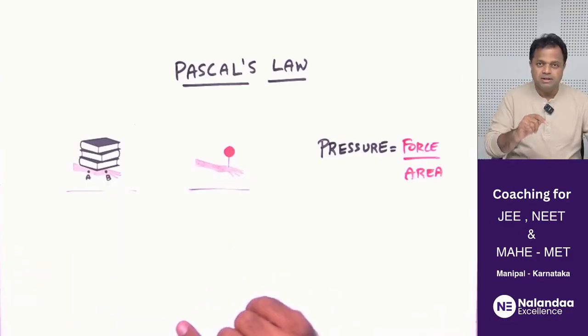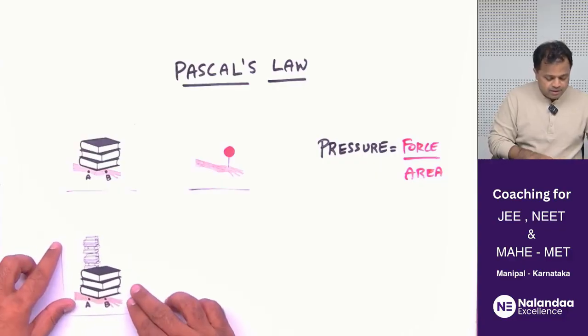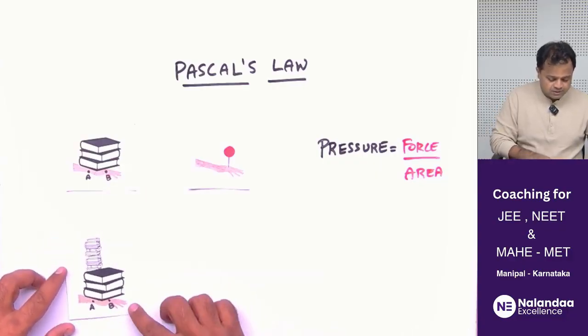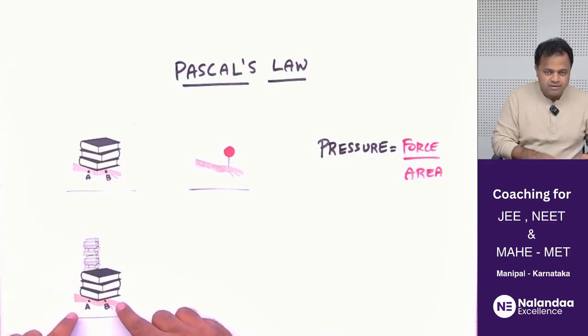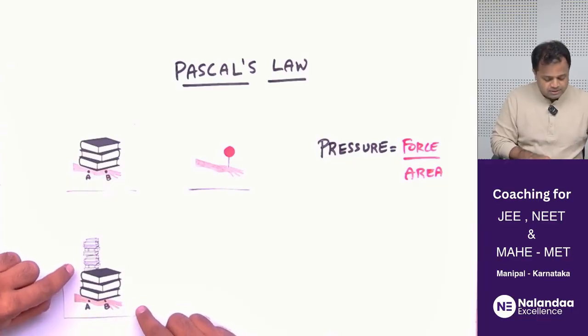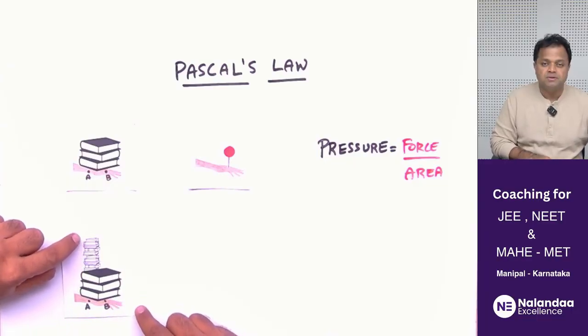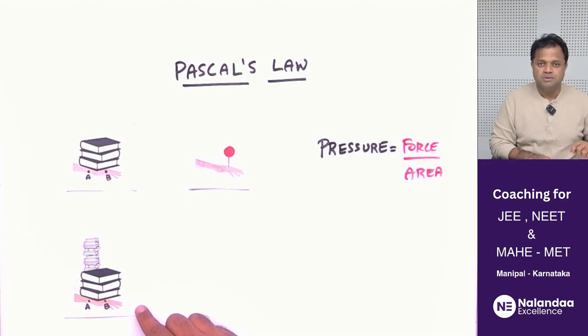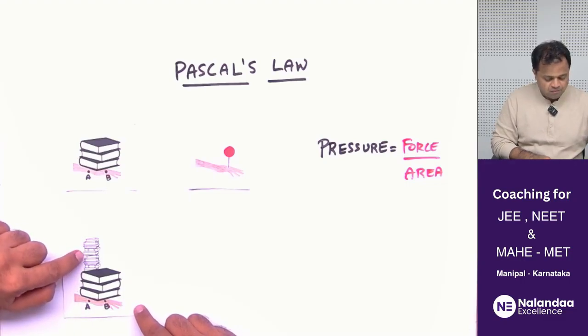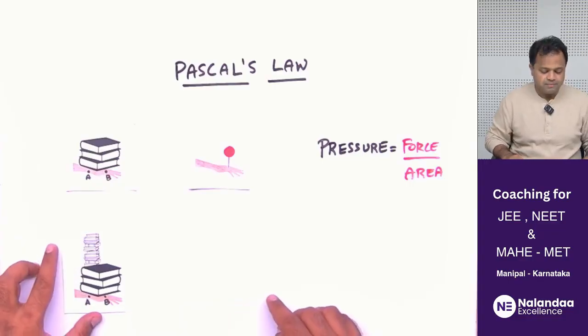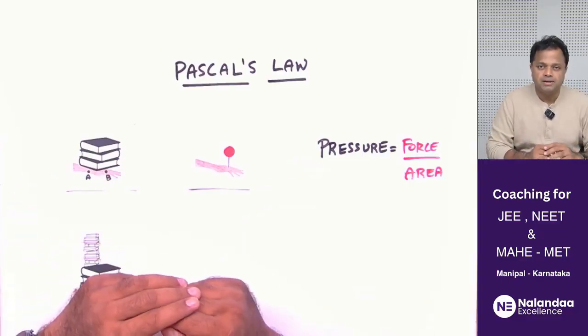Let us do something interesting now. If I take the same stack of books in a similar situation, and now what I'm going to do is take a smaller stack of books, small size books, and place it over one corner as I have shown here. And what happens when I do that?